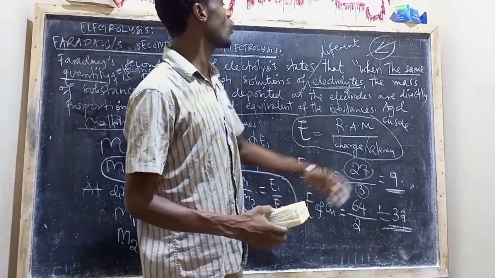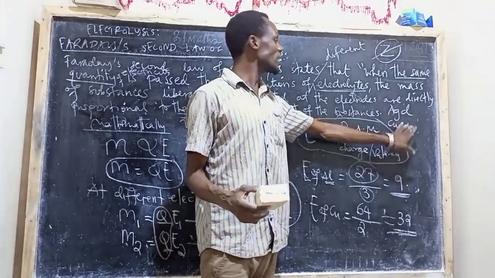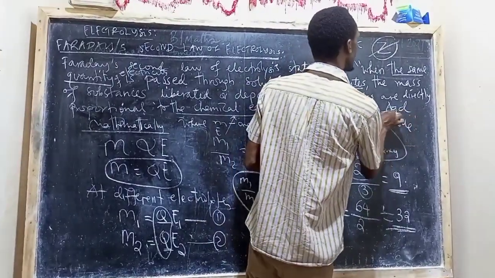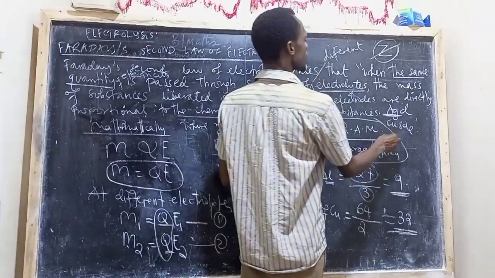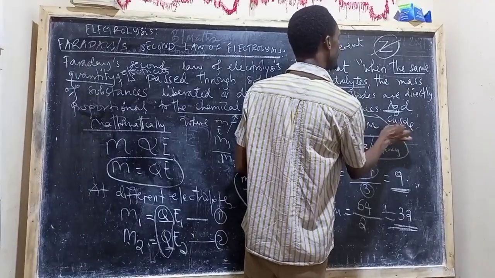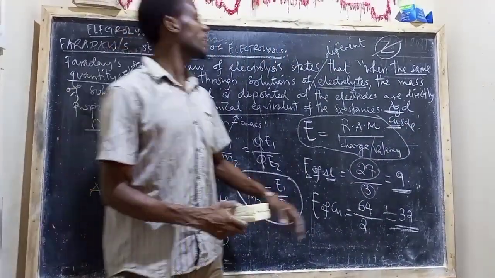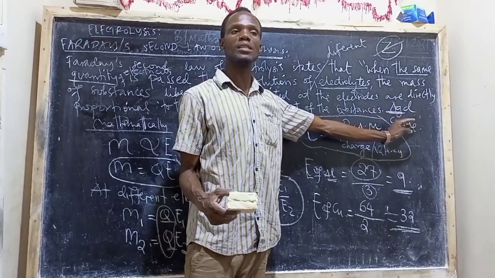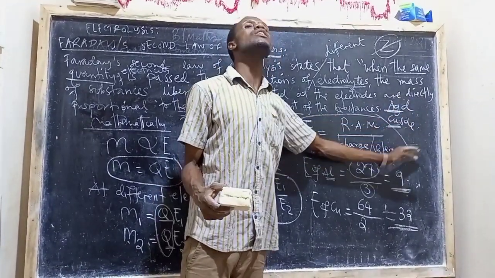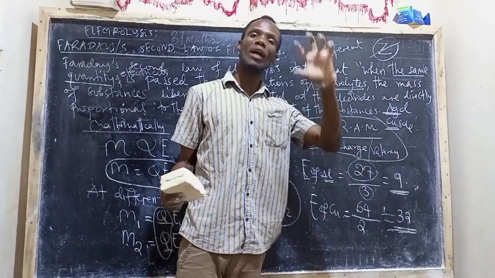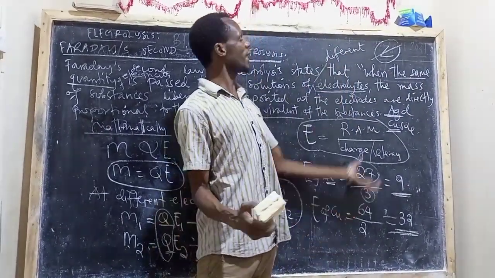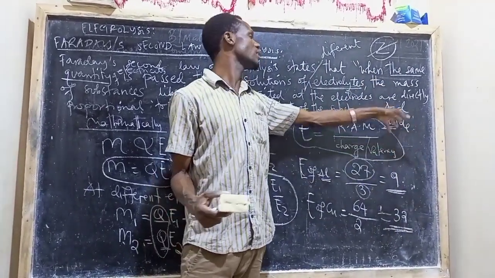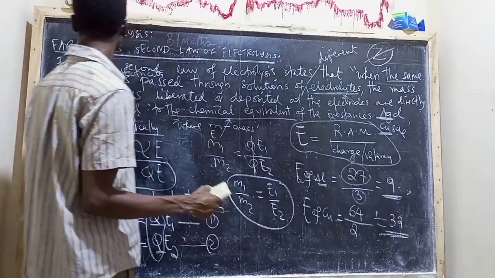In both of them the quantity of electricity is the same, but the electrolytes are different. The silver chloride electrolyte may deposit silver, and the copper 2 sulfate electrolyte may be used to deposit copper. We are just looking at the amounts of different substances, silver and copper, deposited from different electrolytes, but the current and the time the electric current remains in the electrolytes are the same, and that's why we represent the same quantity.